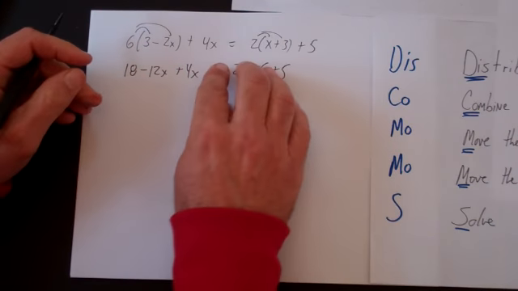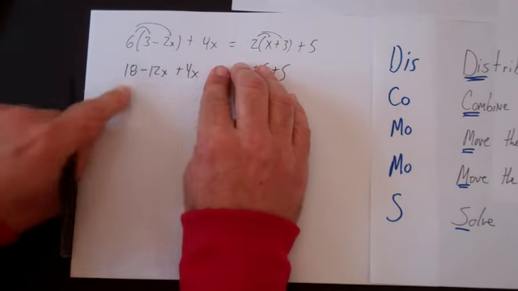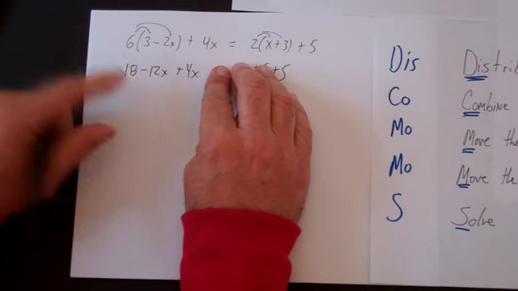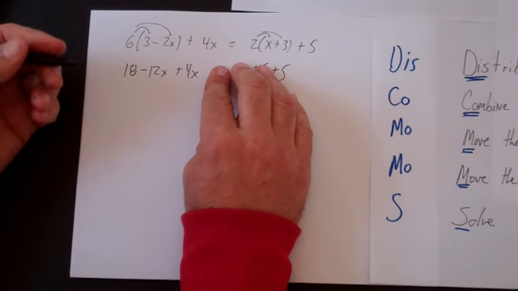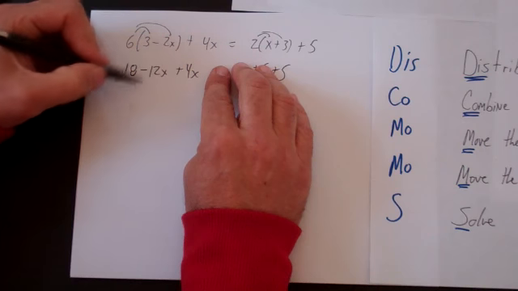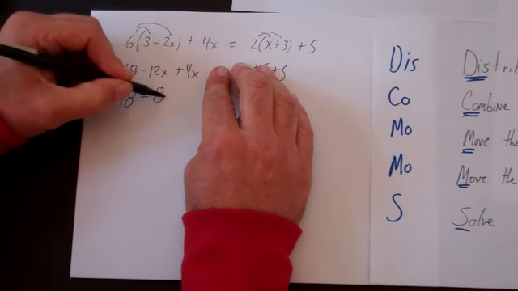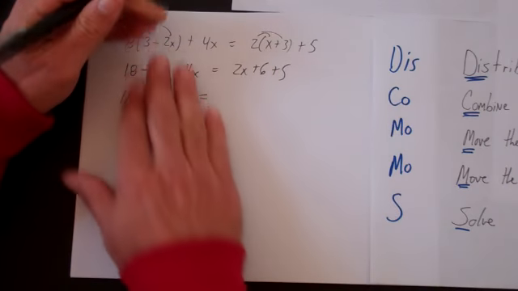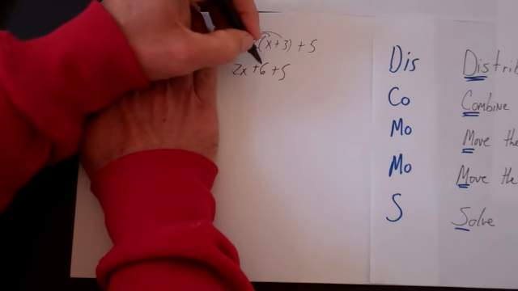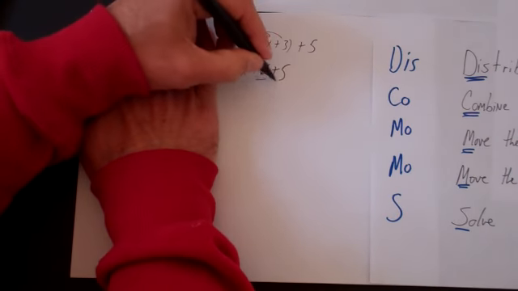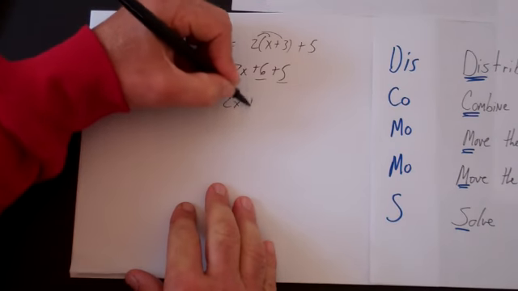Combine like terms. Combine like terms means that you look only at one side of the equation to see if there's anything that can be combined. The minus 12x and the 4x can be combined, so that's 18 minus 8x. Let's look at this side of the equation: 2x plus 6 plus 5. 6 and 5 are like terms, so that's 2x plus 11.